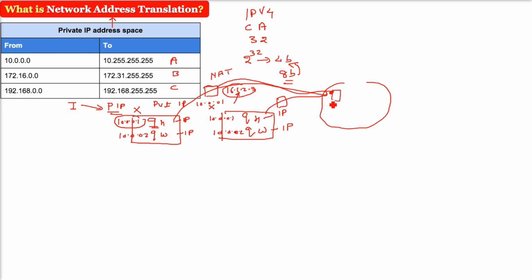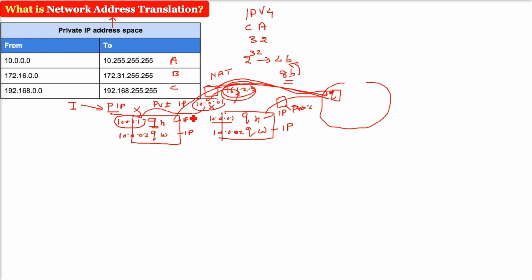Wherever the host is, that host will understand, okay, this is a public IP. When it sends the reply back, there will be a table in the router, the network address translation table. This table will tell that the public IP I sent to has to go to 10.0.0.1. So there will be a reverse translation from public to private.